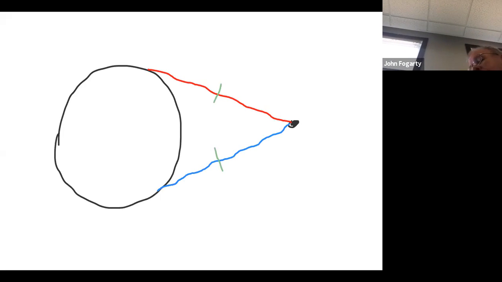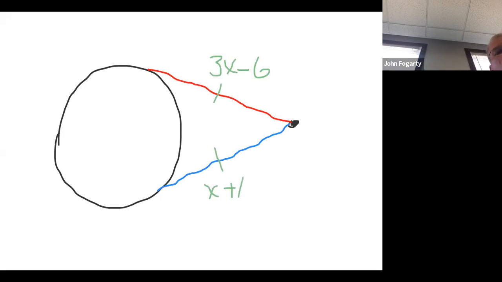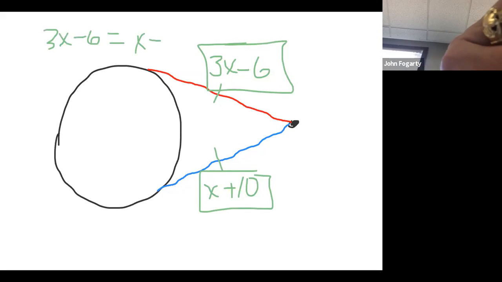So when you see something that looks like this, 3x minus 6 and x plus 10, anytime you're given an algebra problem where you're given variables, all you got to do is figure out the relationship between them. These two segments are equal, so that's all you write. 3x minus 6 equals x plus 10.